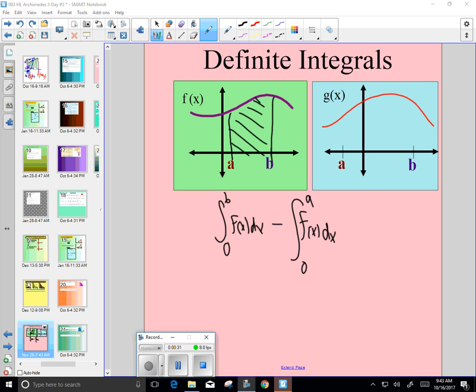We subtracted them, right? So apparently this is the same as f of x dx. This is the same as adding what to what of f of x dx?